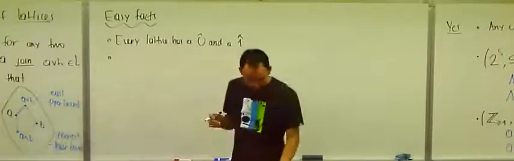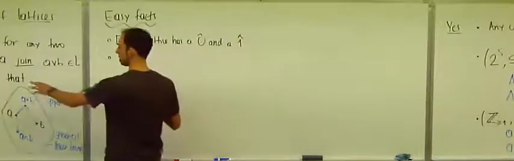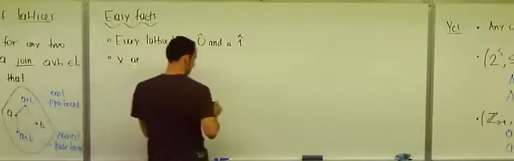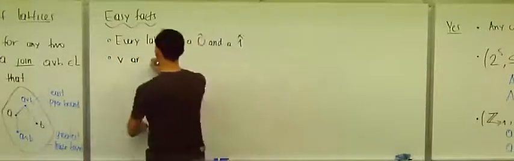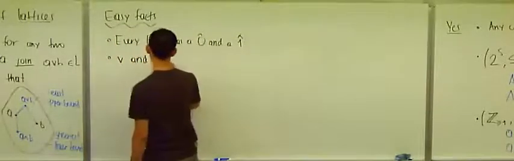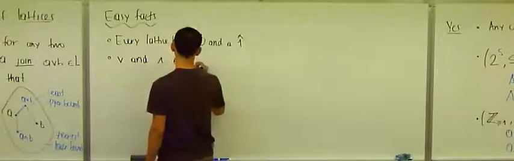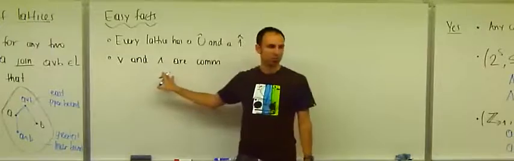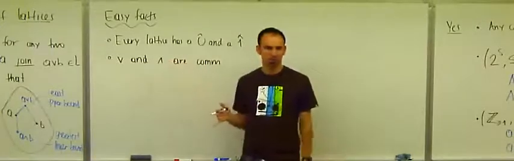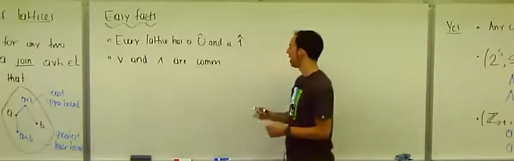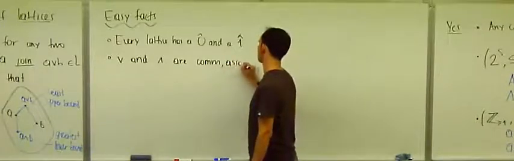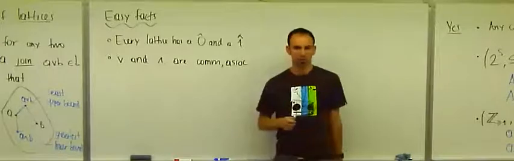Let's see, what else? Let me say something else first. Well, let's say this first. So these are commutative operations. That's clear from the definition, right? And they're also associative operations, which is a little bit less obvious, but it's true.